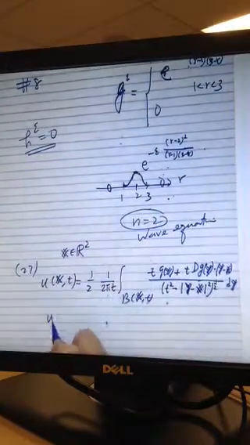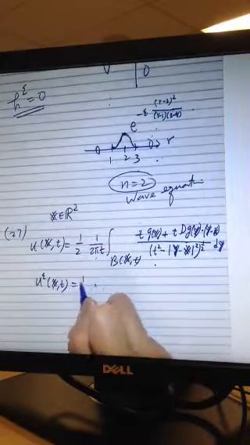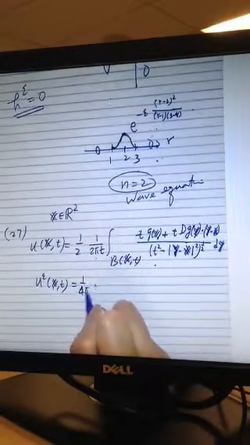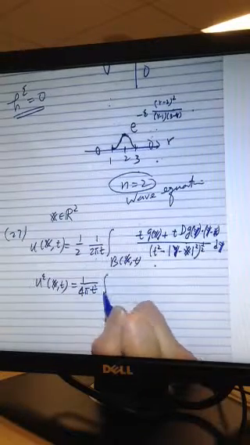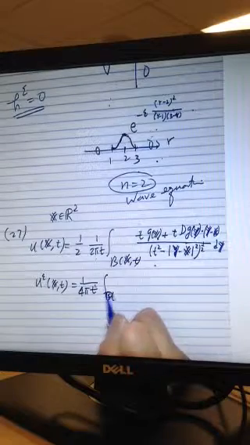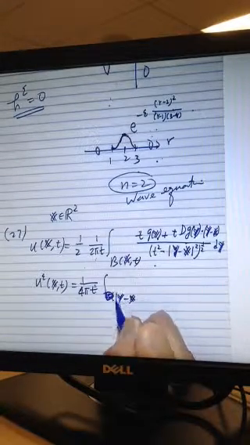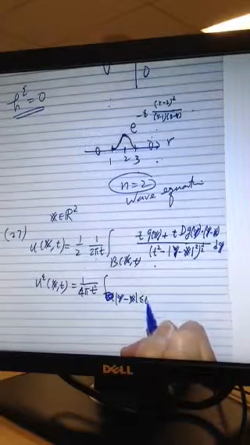So u epsilon(x,t) would be 1/2, so actually 4 pi t, integral on the ball. If I want to write it better, it is over |y minus x| less than or equal to t.